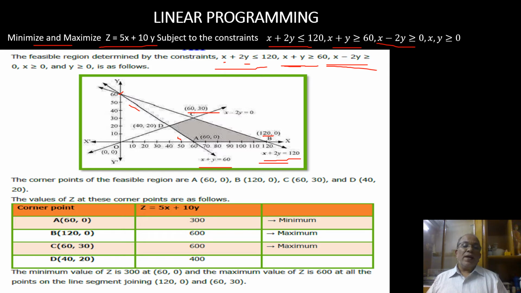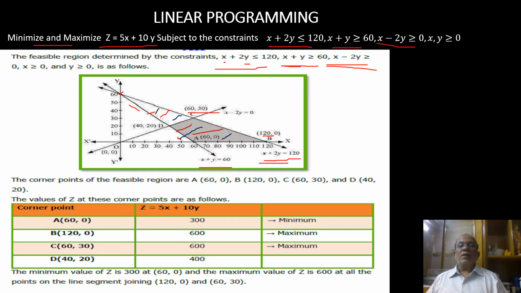So the area for this line is above, the red lines, and for the line x plus 2y equal to 120 it is not only this area but this area as well. The red portion is the area above this line, and the area below the other line.